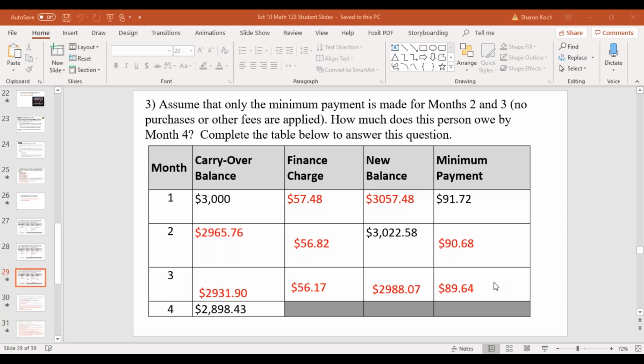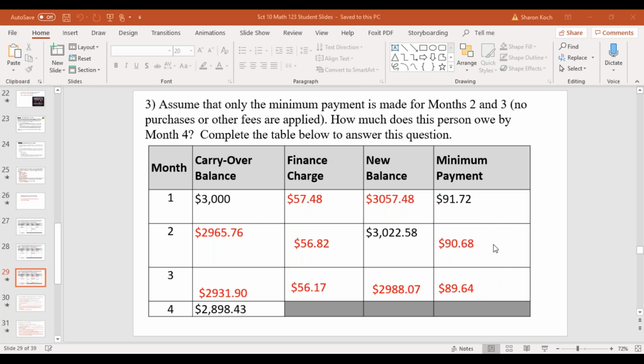That's because that carryover balance is still high. So the goal is to reduce that carryover balance as much as possible. That's why if you can pay just a little bit more each month, pay as much as you possibly can, that's going to help you, because remember, the finance charge is based on that carryover balance.